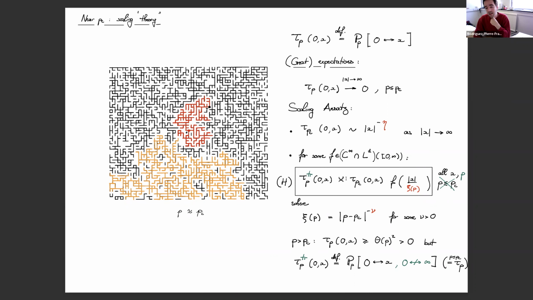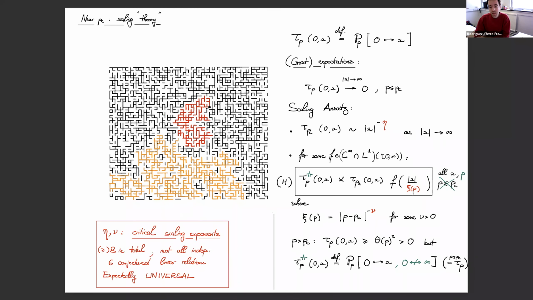I mean that the left-hand side and the right-hand side are comparable, greater or equal or less than or equal up to numerical constants, which depend only on the dimension of the lattice, so on geometric properties, and this comparison should ideally be valid for all values of x and p.